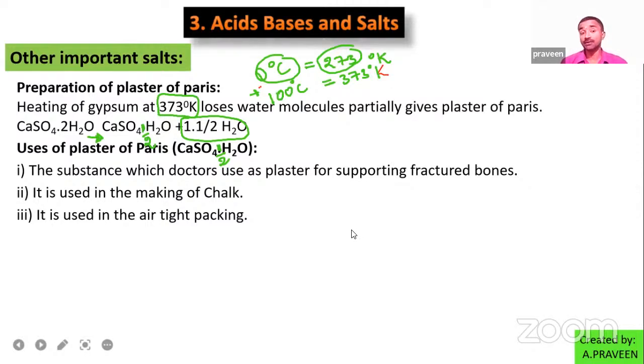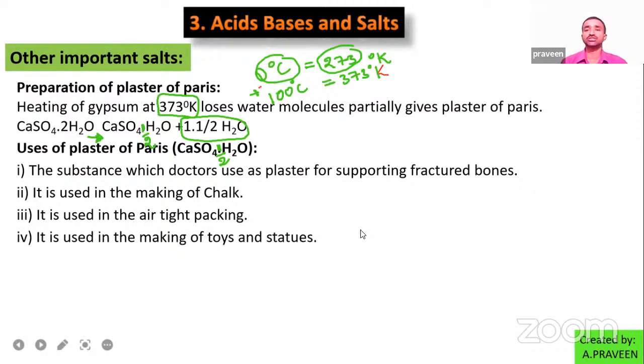It can be used in making of toys because it is very soft and smooth material, and also becomes very hard on exposing to the air. So it is used in the making of toys, also in making of statues, for example, Vinayaka idols. Lord Vinayaka idols are made using plaster of Paris.